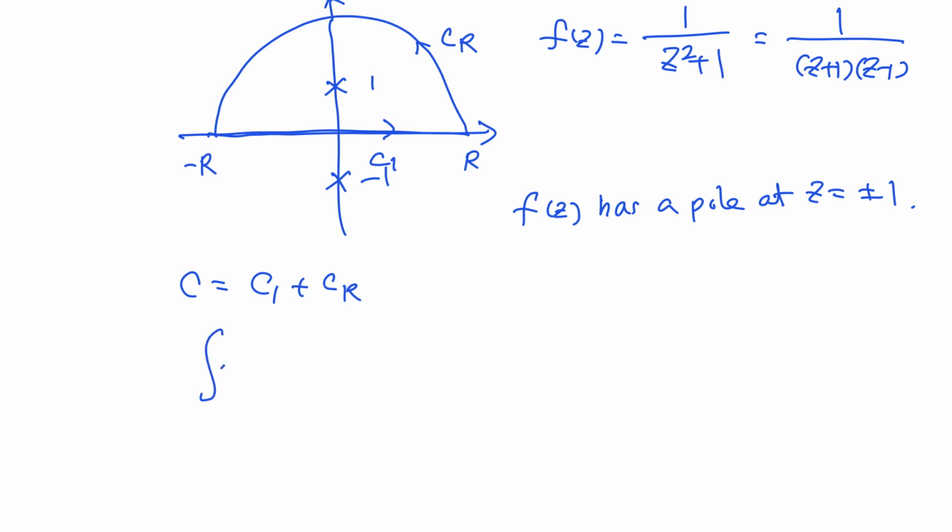So what happens if we integrate over C? What do you have? We have only one pole, right?